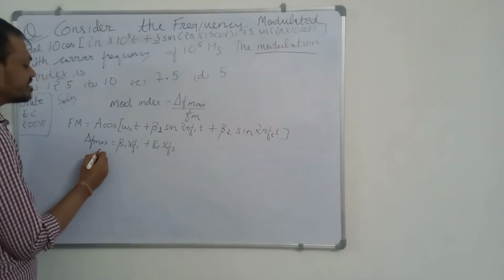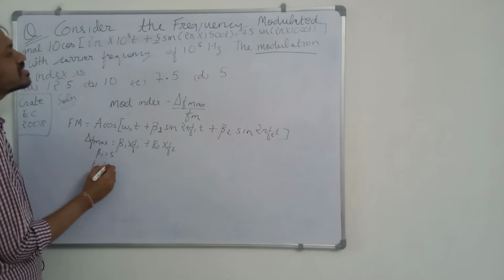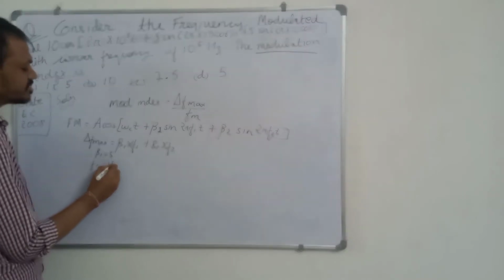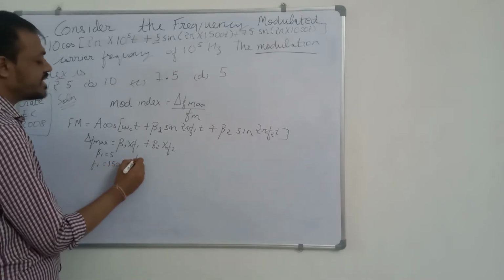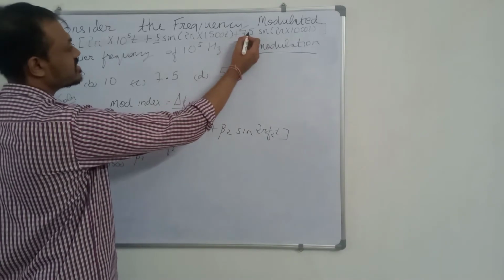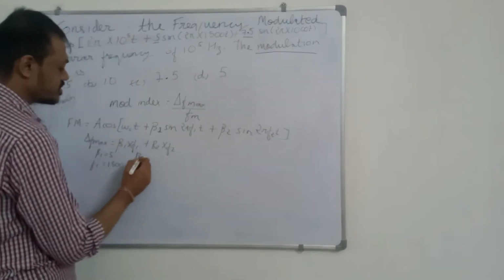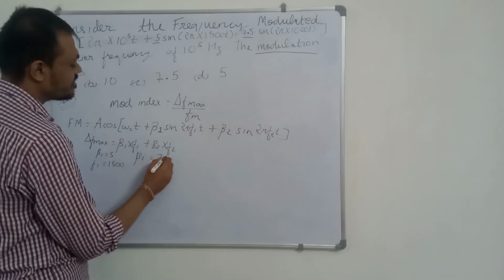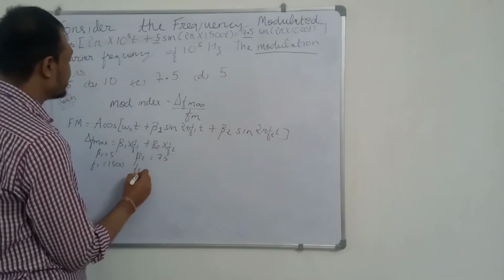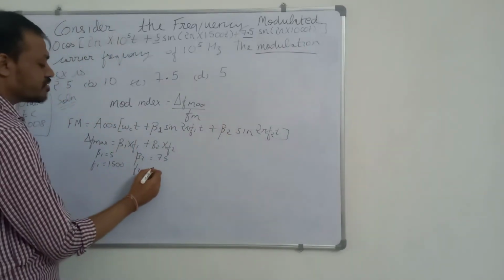So beta 1 is 5, f1 is 1500, beta 2 is 7.5, and f2 is 1000.